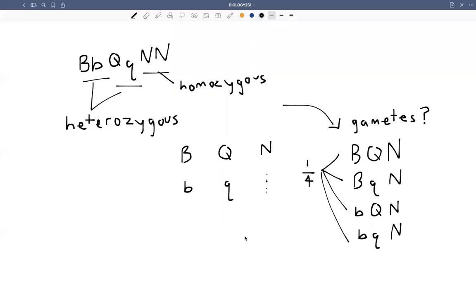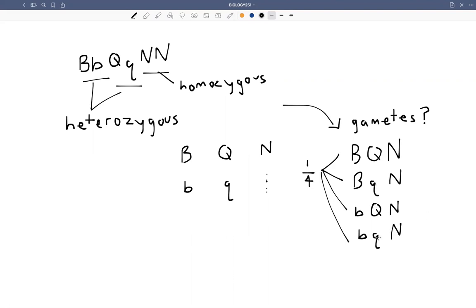So if we look back over here to what we did previously, we determined that there was a 50-50 chance of big B or little b, and out of 4 possible gametes, 2 are big B and 2 are little b. We determined there was a 50-50 chance of big Q or little q, and we see 2 big Qs and 2 little q's.